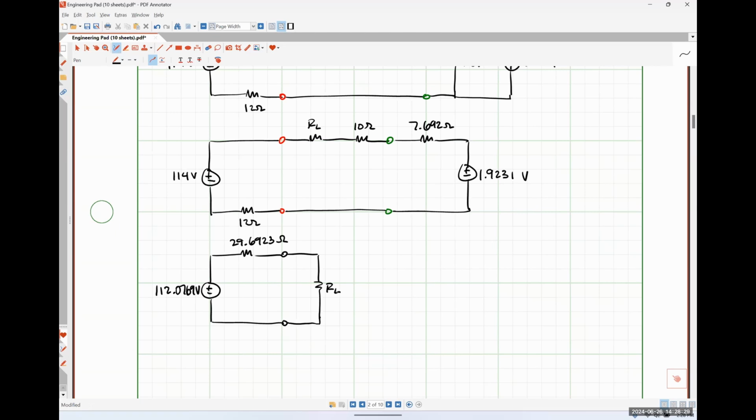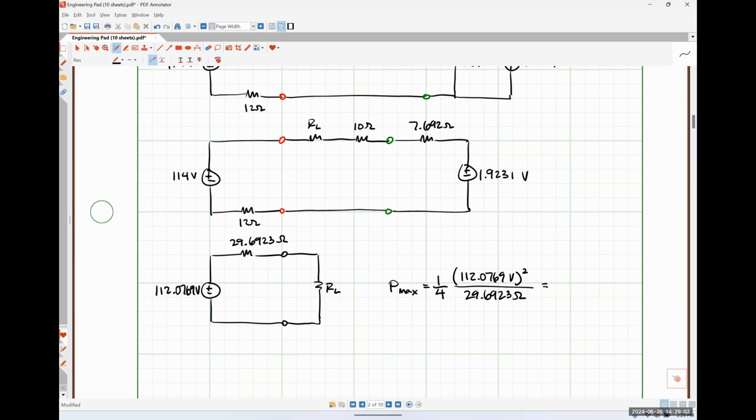So if we want to know the maximum amount of power that RL could absorb, that is going to be 1/4 times that 112.0769 volts quantity squared divided by that 29.6923 ohms of resistance. Let me throw that in my calculator real quick.